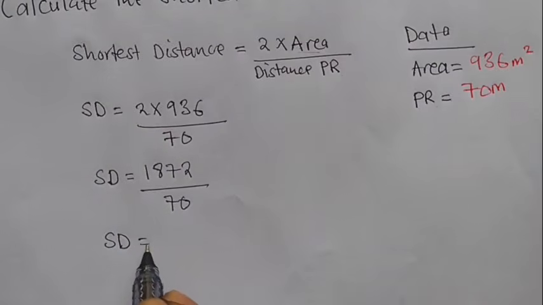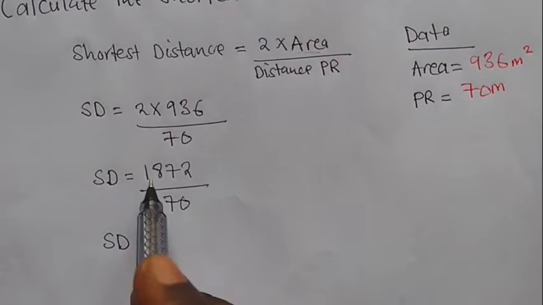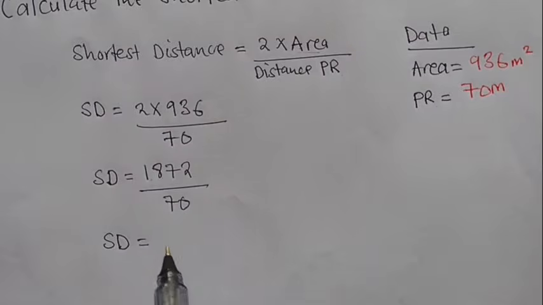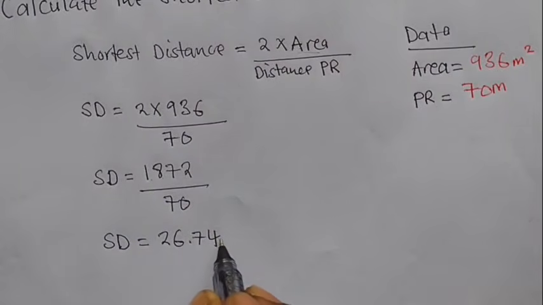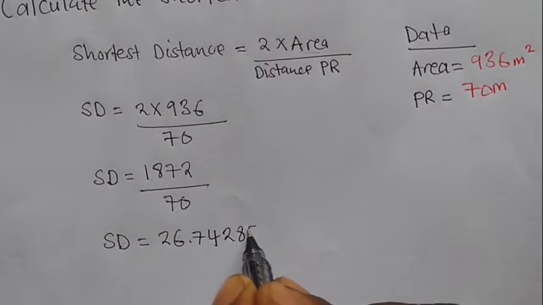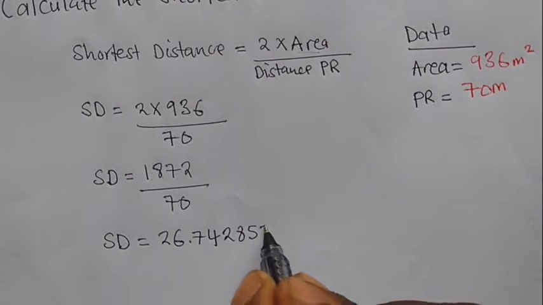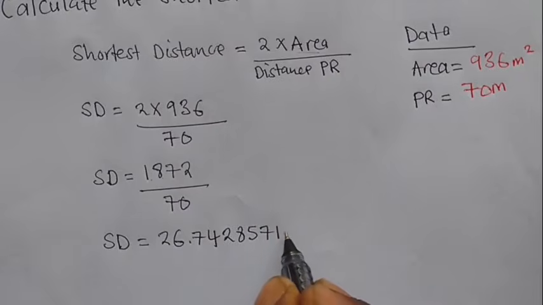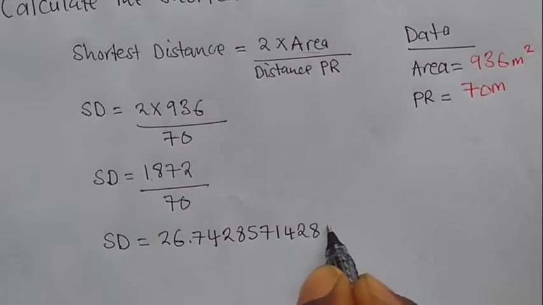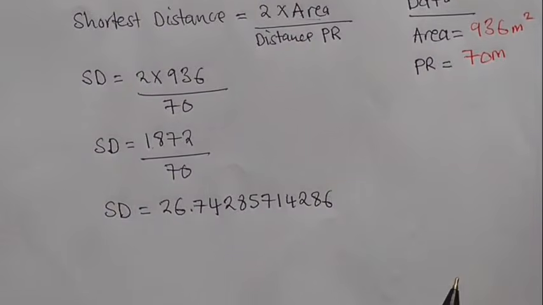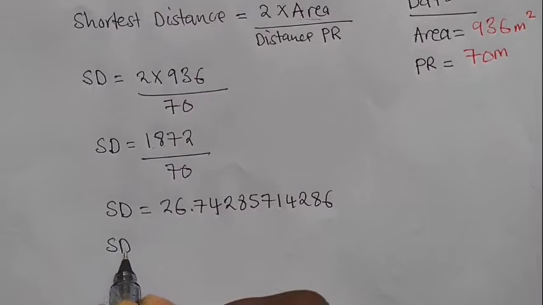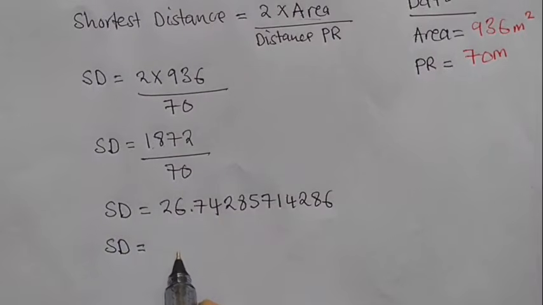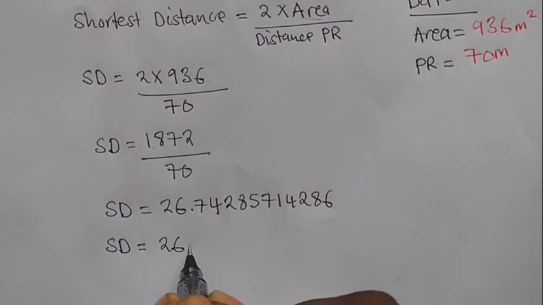So shortest distance is equal to 1872 divided by 70. This will give us 26.74285714286. We need to leave our answer correct to 3 significant figures. Therefore, the shortest distance will be 26.7.